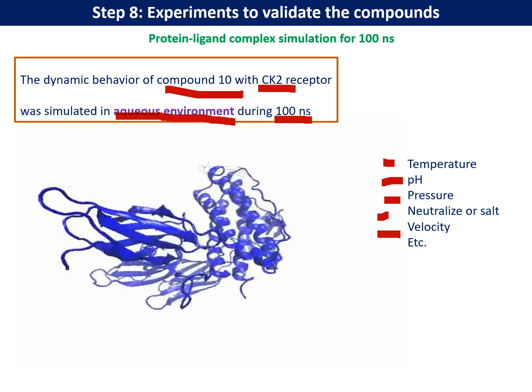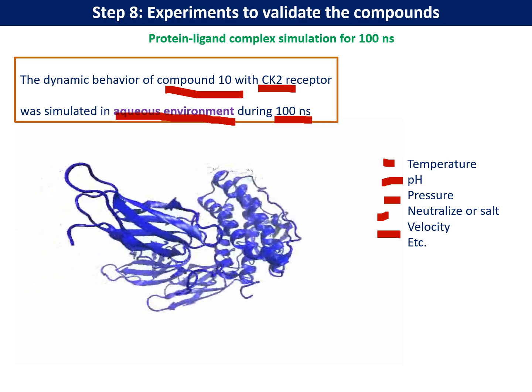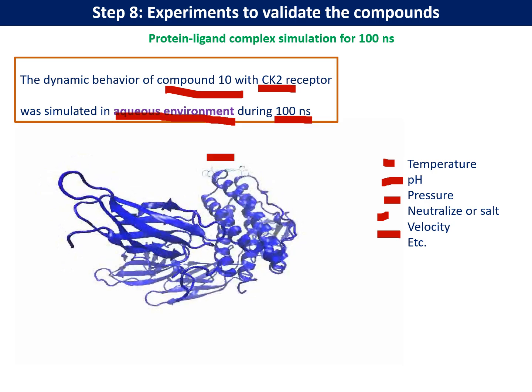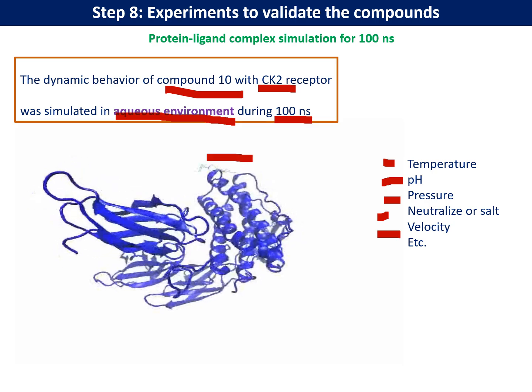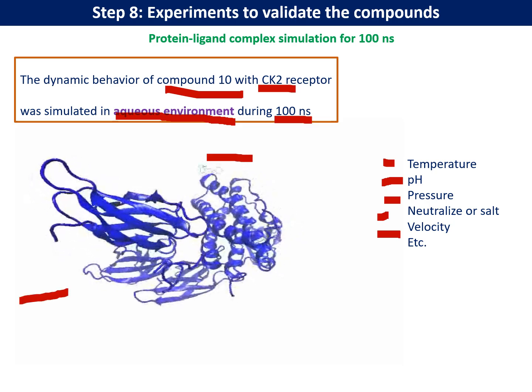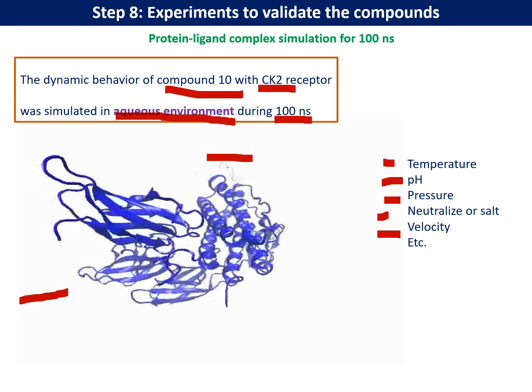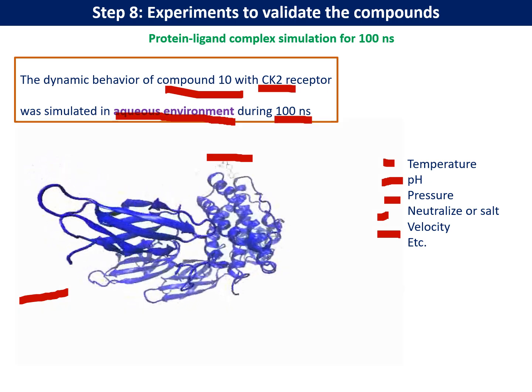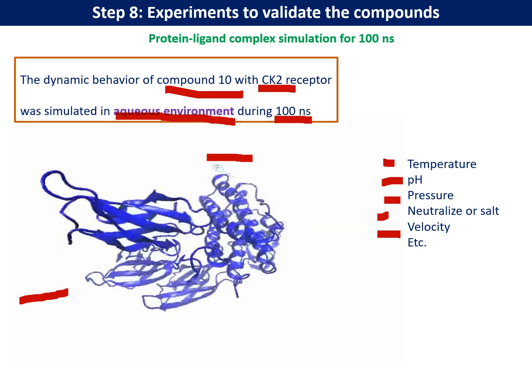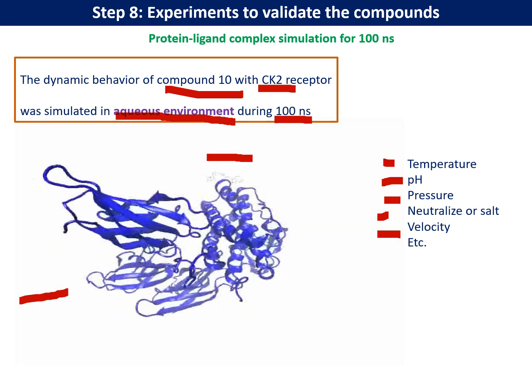in vivo model. And after you conduct that, you can see here this is compound number 10, they call ligands, and this is the CK2 receptor. And during 100 nanoseconds, you can see compound number 10 is still stable and attached to the protein.